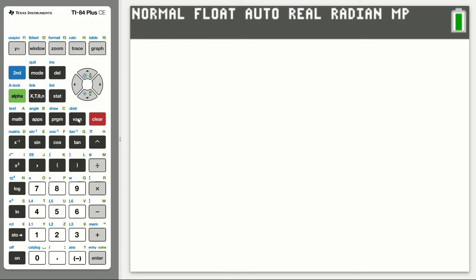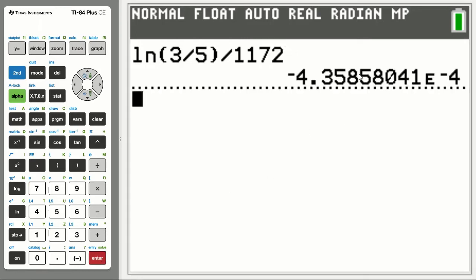All right, on this calculator, here we go. Natural log of 3/5. Now I'm going to divide that by 1172. That is my final answer.